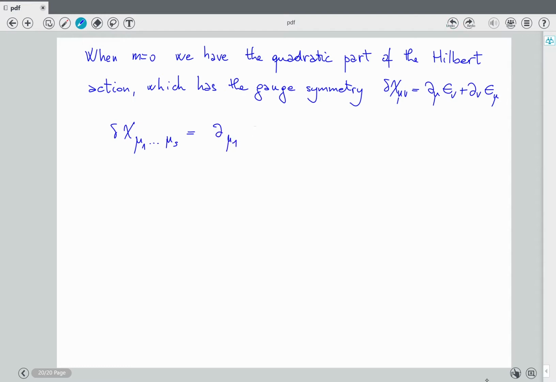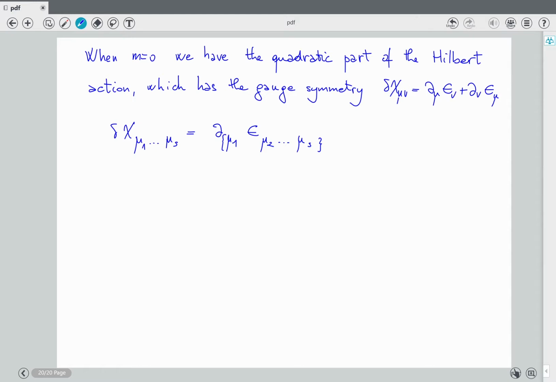There is a parameter epsilon with one index less, so S minus 1 indices. You have the derivative and you have a complete symmetrization that gives you a meaningful gauge symmetry that can be used to build massless higher spin fields.